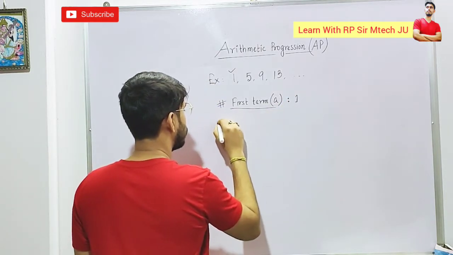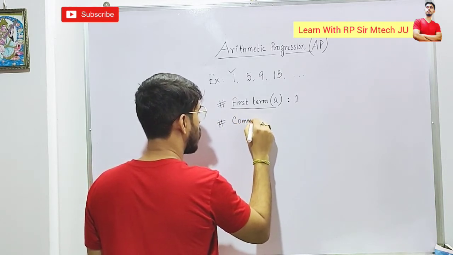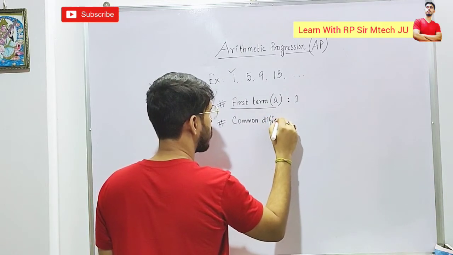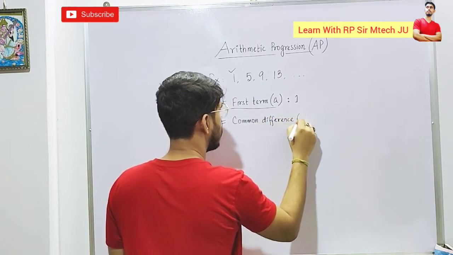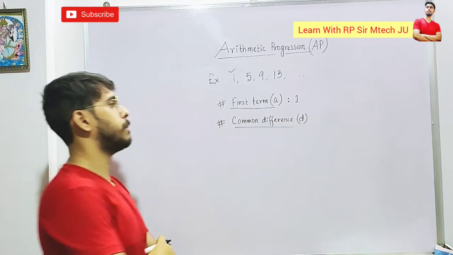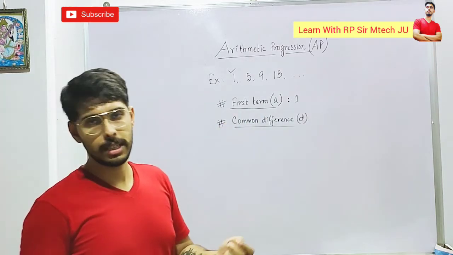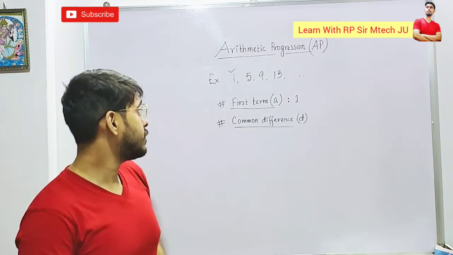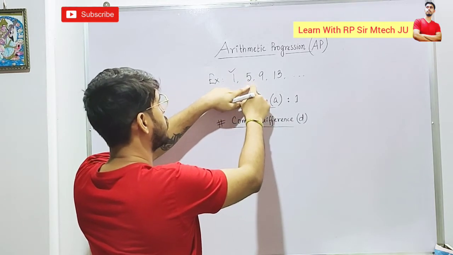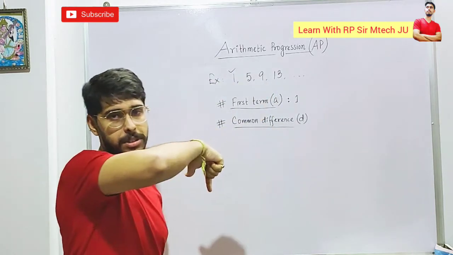Next is the common difference. That is represented by the letter small d. Now what do you mean by the common difference? As the name itself suggests, the common difference is the difference between the second term and the first term, every second term minus the first term.